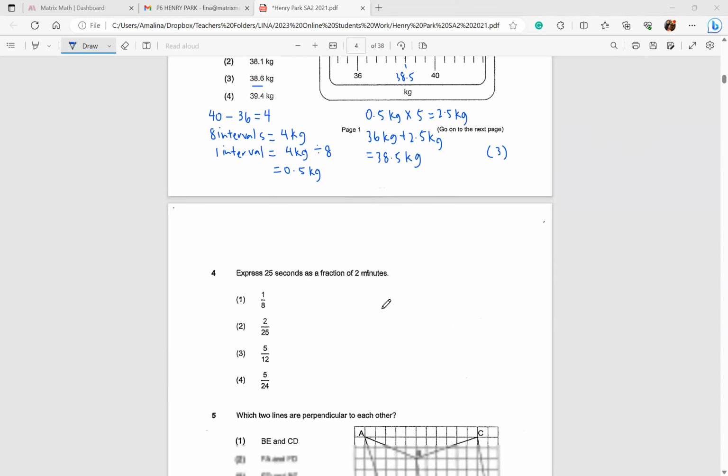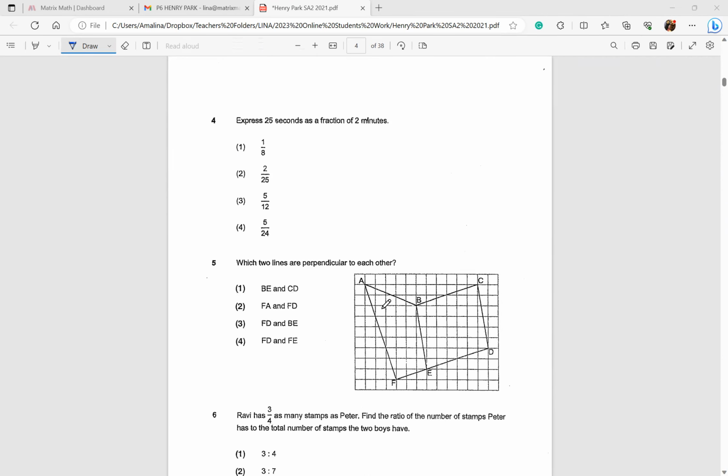Okay, let's continue. Now, question number 4, I will also go through this. It's actually quite a simple question, but I can see that some students make careless mistakes for question 4. Now, express 25 seconds as a fraction of 2 minutes. Again, whenever your question asks you to express as a fraction, you must make sure you know where your numerator and your denominator are.